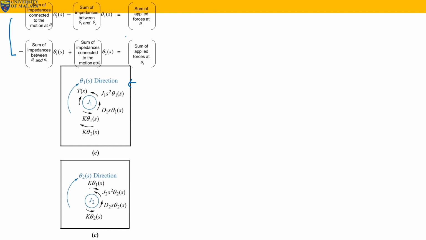So let's sum the impedances into the equation. We would have the first component here, that would be J1 S squared theta 1 of S. So that's the first one.